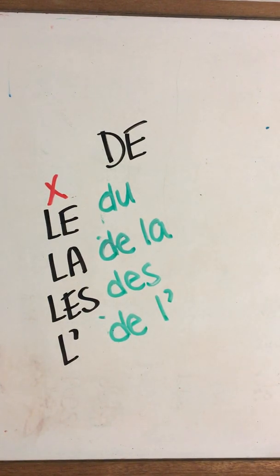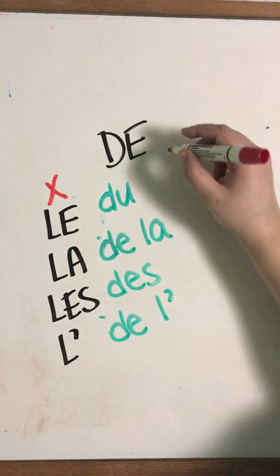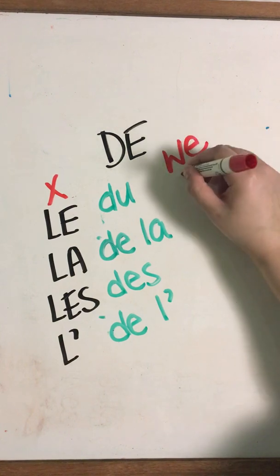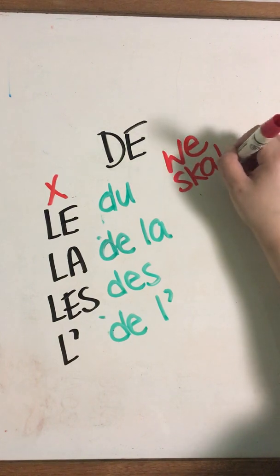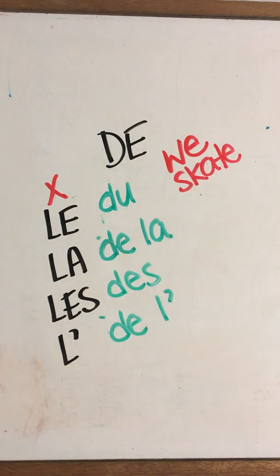So if I'm going to do an example right now, let's do we skate. Okay. Now, if you remember from lesson number 1, I said that in English, we don't say we do skating, we just say we skate.